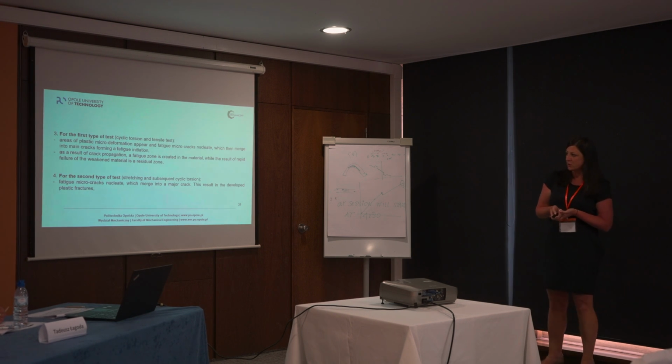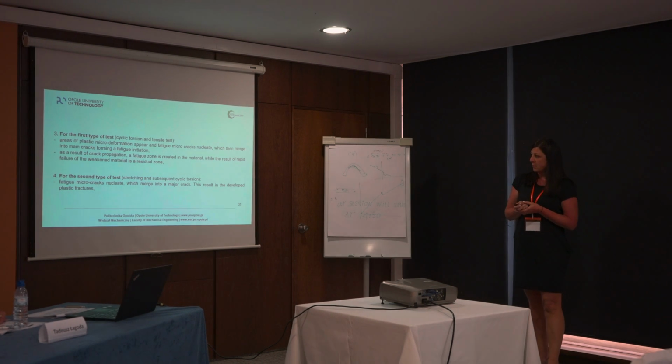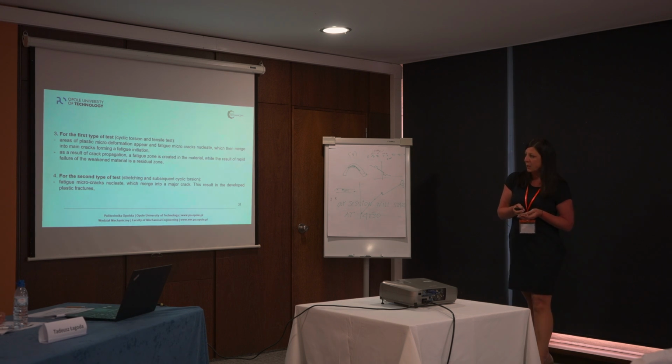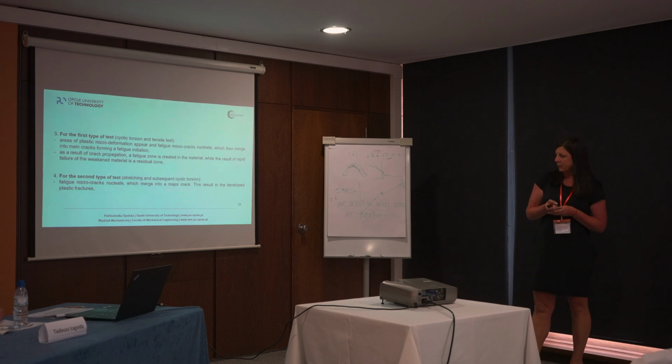Analysis of the structure. For the first type of test, areas of plastic micro deformation appear and fatigue micro cracks nucleate, which then merge into the main cracks, forming the fatigue initiation, and as a result of crack propagation, a fatigue zone is created in the material, while the result of rapid failure of the weakened material is a residual zone.